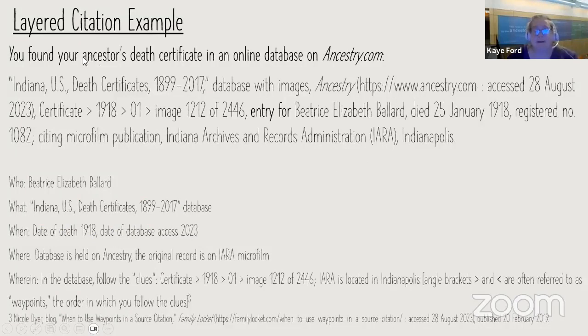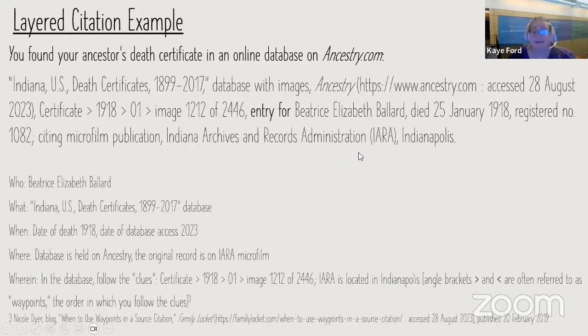And an example of a layered citation. This is for a death certificate from an online database on Ancestry. And the who, you can see I bolded entry for Beatrice Elizabeth Ballard. The what is the name of the database. The when is the date of her death, which follows her name. And the date of the database access was 2023. The database is held on Ancestry, and the original record is at the Indiana Archives and Records Administration.